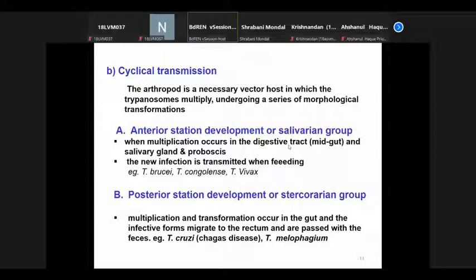Mechanical transmission or cyclical transmission, then cyclical transmission.